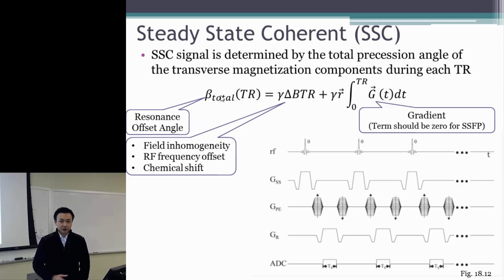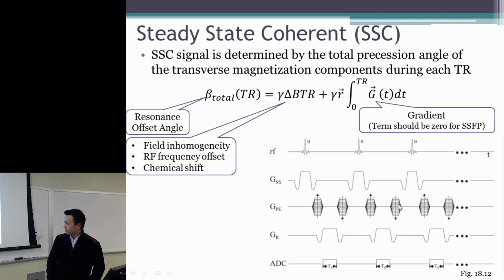So it has nothing to do with the signal, the tissue property itself, or the field inhomogeneity. So we don't need this term. Practically, we would be setting the whole term, the gradient moment, which is the sum of the gradient moments, to be 0 during each TR.